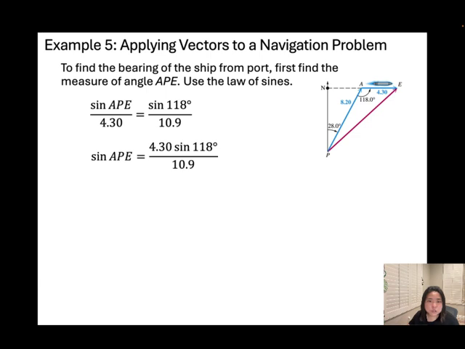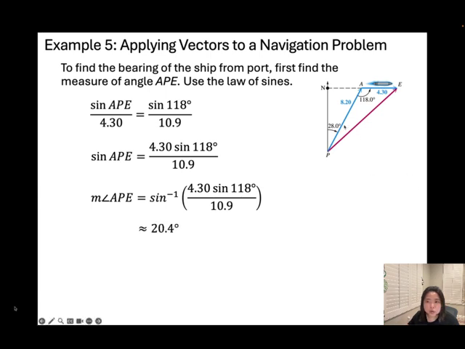Cross multiplication, use your calculator. You should get 20.4 degrees. So this one is going to be 20.4. And then we add the 28 degrees to find the bearing, which is 48.4 degrees.